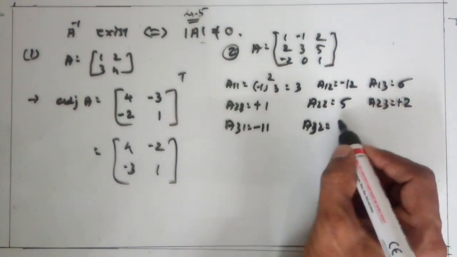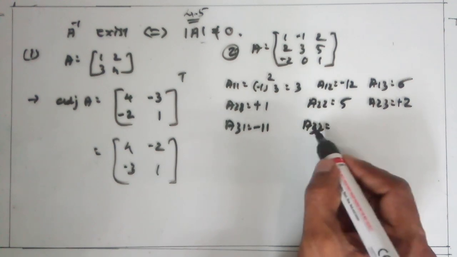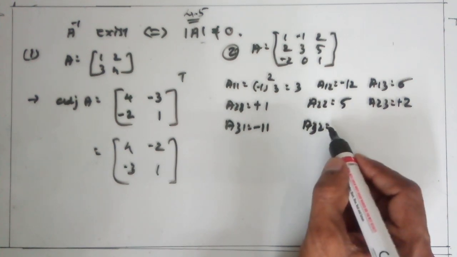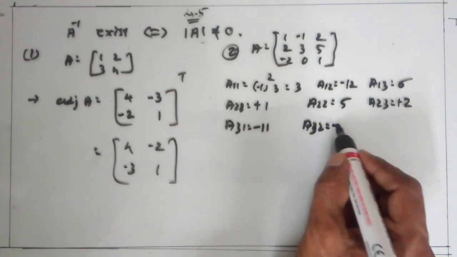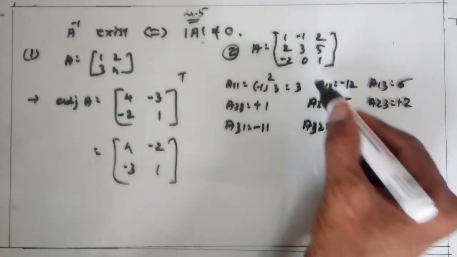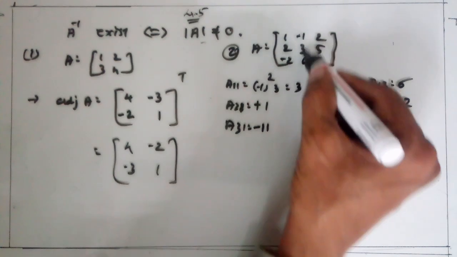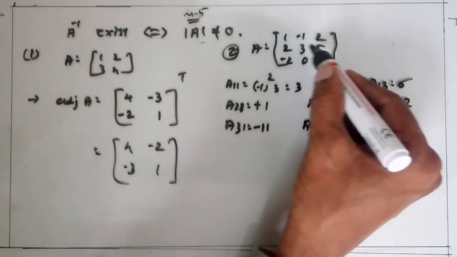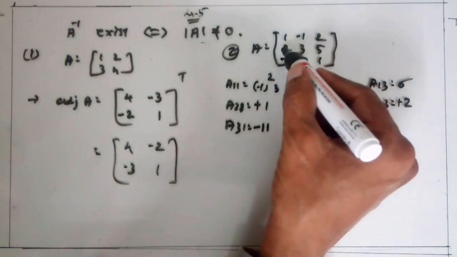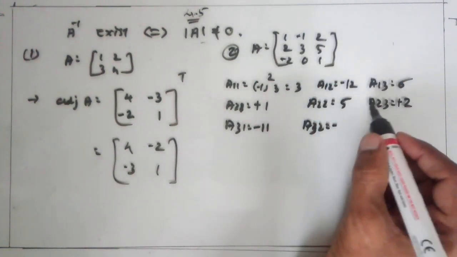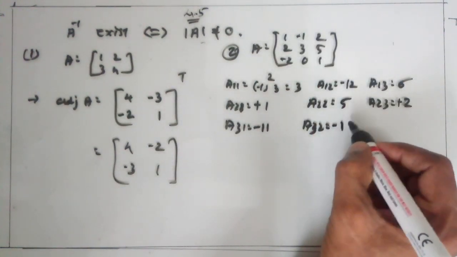A32 is equal to (minus 1) raised to 5, which becomes negative, and here remove this row and column, so the product of these two, 5, minus 2 to 4, so 5 minus 4 becomes 1.